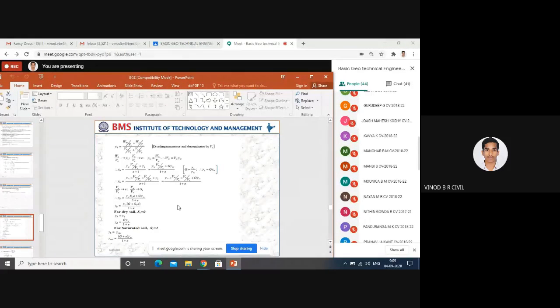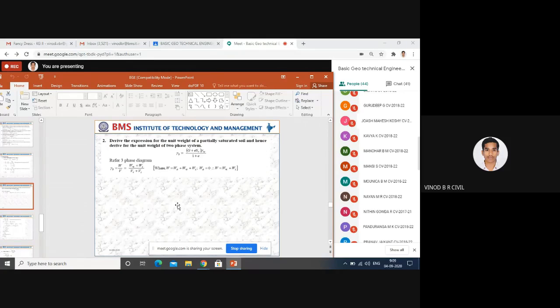In the examination, you can expect questions like this. Derive the expression for the unit weight of a partially saturated soil and hence derive the unit weight of a two-phase system. And one more question you can expect: what is the relationship between unit weight of water, bulk unit weight of soil, dry unit weight of soil, and saturated unit weight of soil?